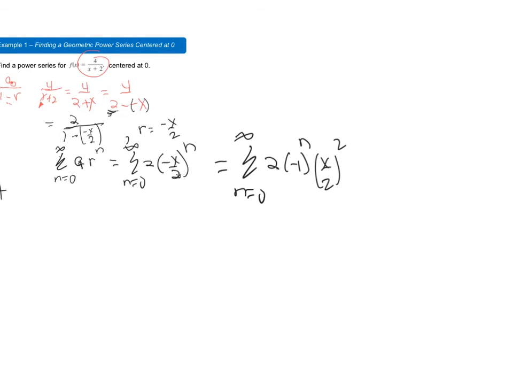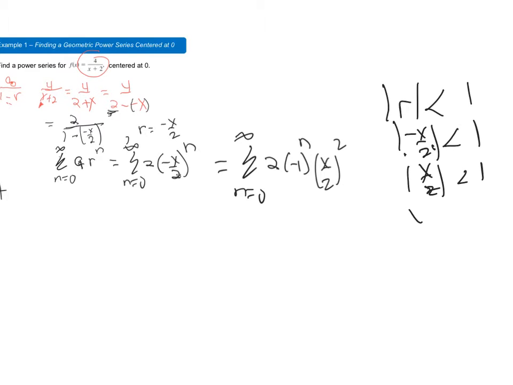And we're also going to want to talk about the interval of convergence. So the absolute value of r has to be less than 1. So the absolute value of negative x halves is less than 1. The absolute value switches the negative anyway. So it's the same thing as x over 2 less than 1.